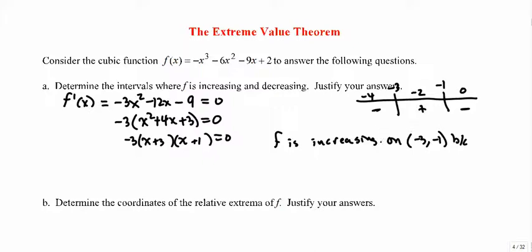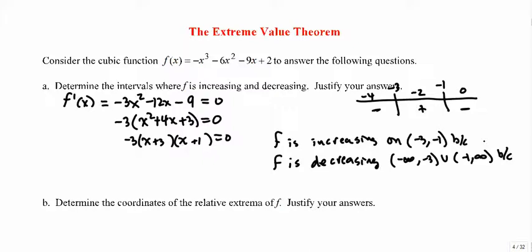Because f prime of x is greater than 0. We've been doing that forever. So we can do the same thing for decreasing. f is decreasing. This time it's decreasing on two different intervals, so we need to union that. From -∞ to -3, unioned with -1 to infinity. And again, just like in the increasing example, they'll come up with a reason as to why it's decreasing.